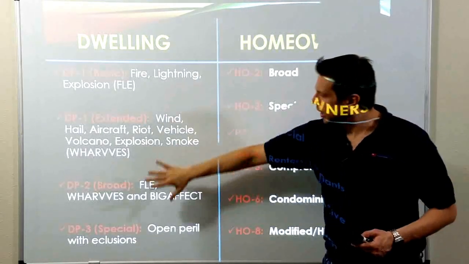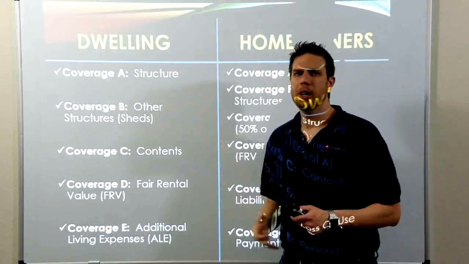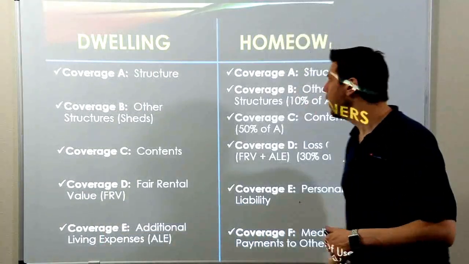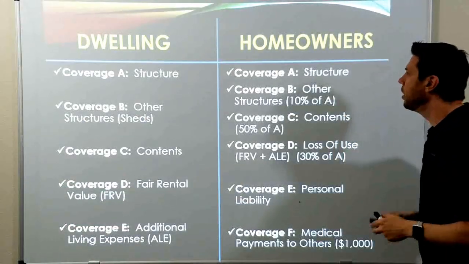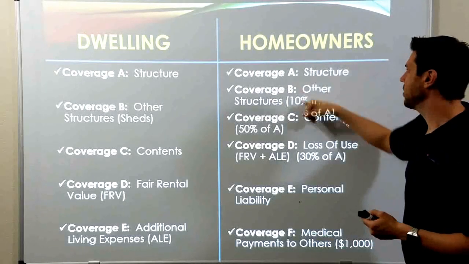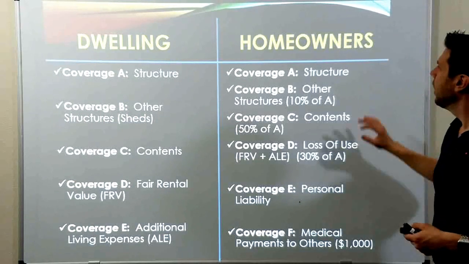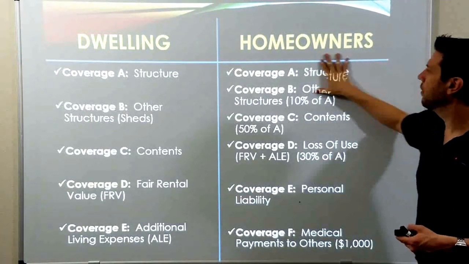And then DP3, your structure was covered against everything. Homeowners, HO2, broad, your house was protected against the broad perils. HO3, special, your house was covered against everything.